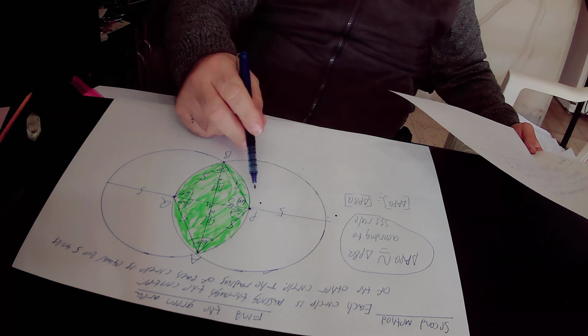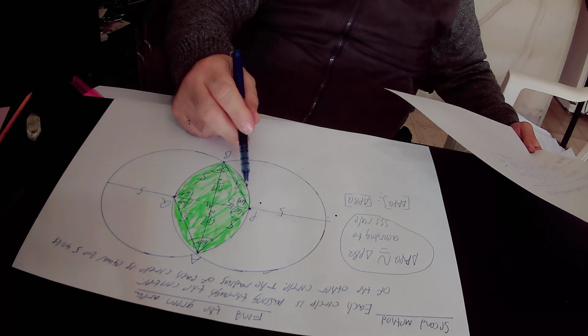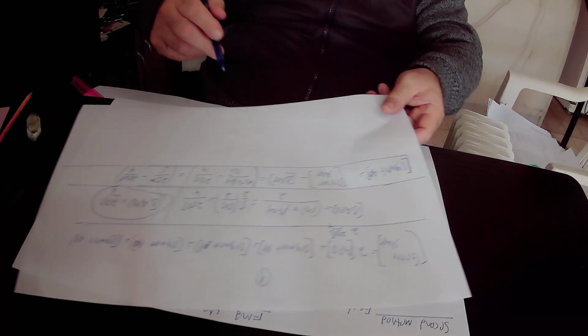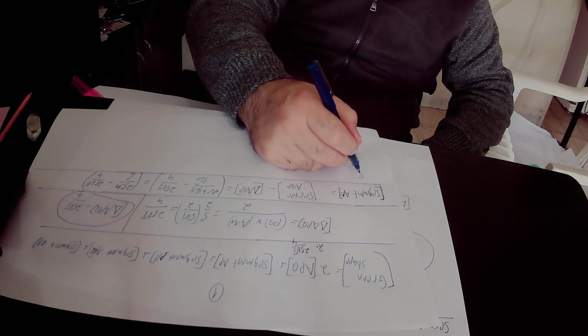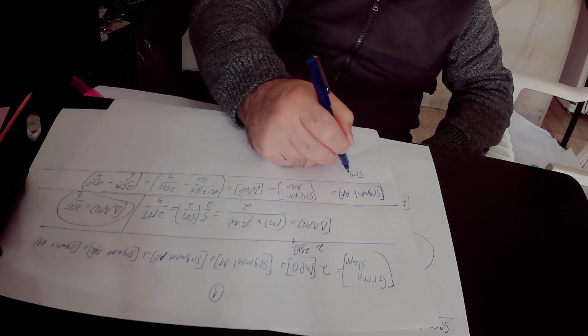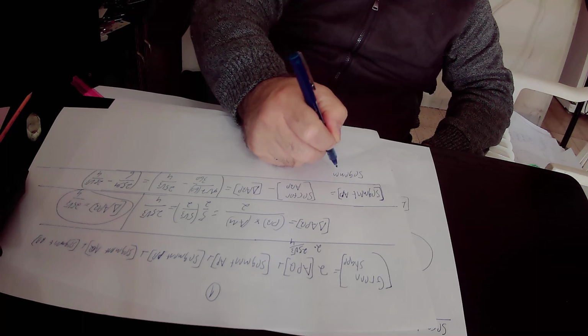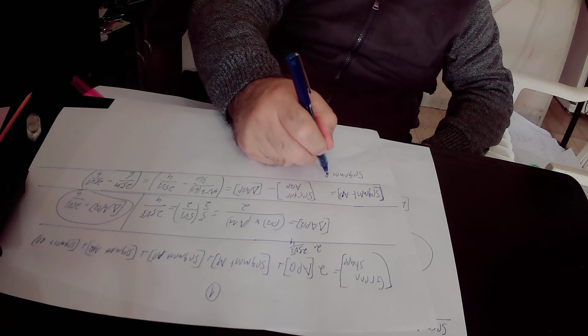In the next step, we will find out the area of segment PB. What is the area of segment PB?